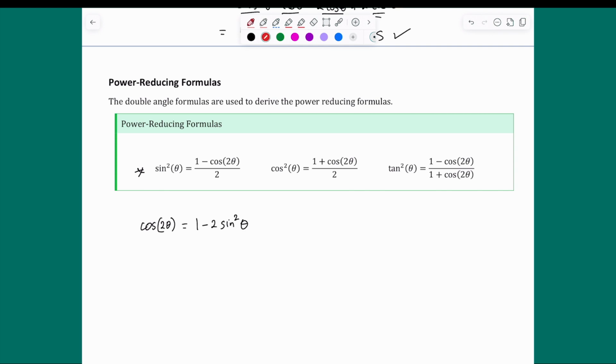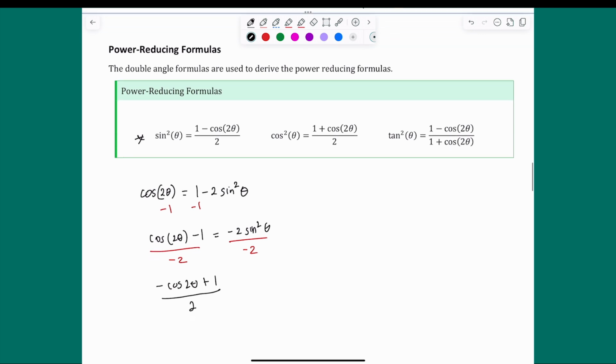So if we subtract, say, 1 on both sides here, we would have cosine of 2 theta minus 1 equals minus 2 sine squared of theta. And now if you divide both sides by negative 2, the negatives will give you negative cosine of 2 theta plus 1 over 2, just distributing the negative sign. The right hand side is simply sine squared of theta.